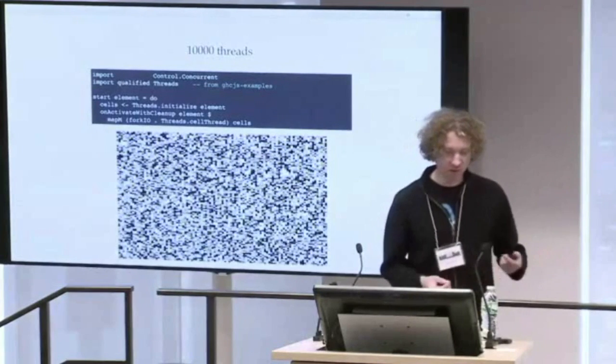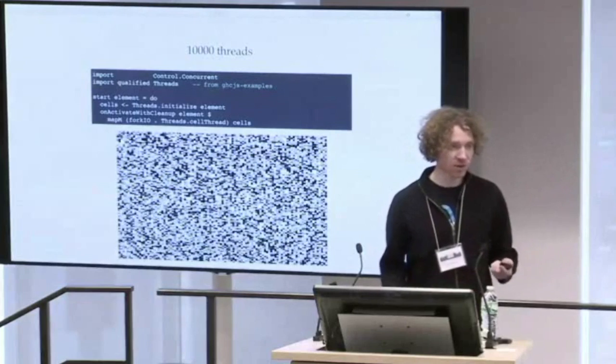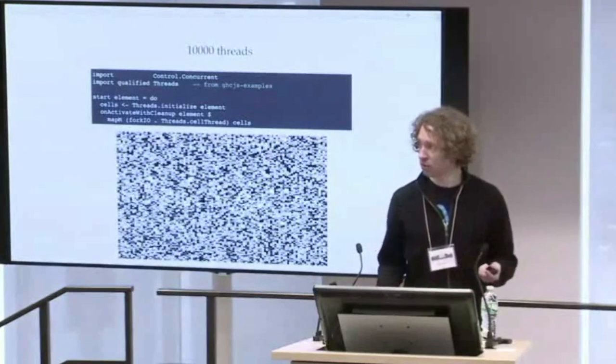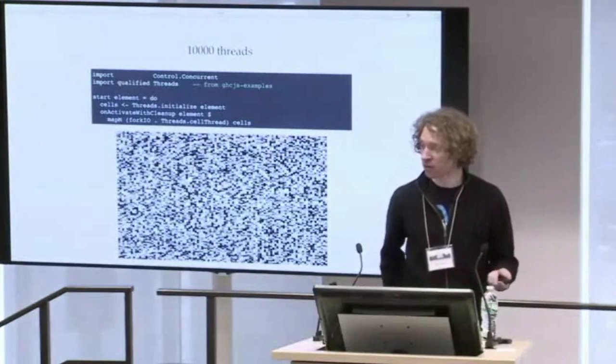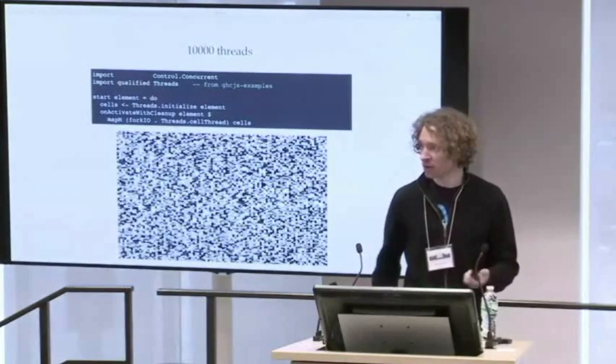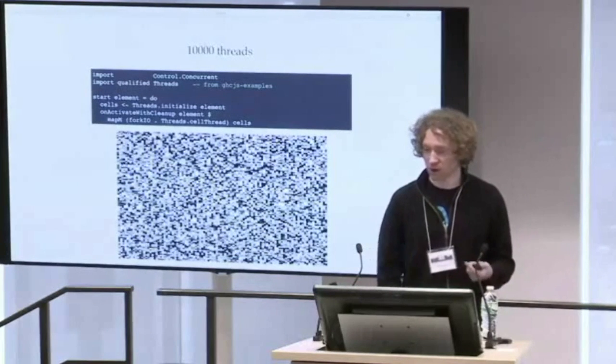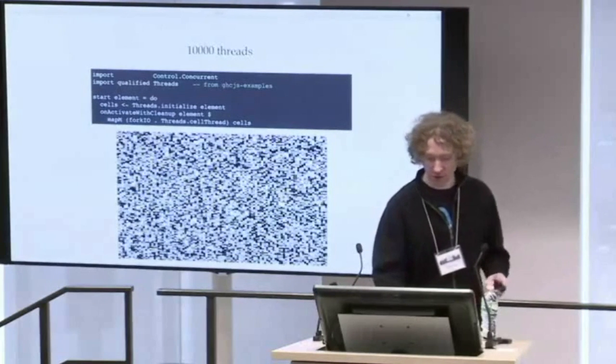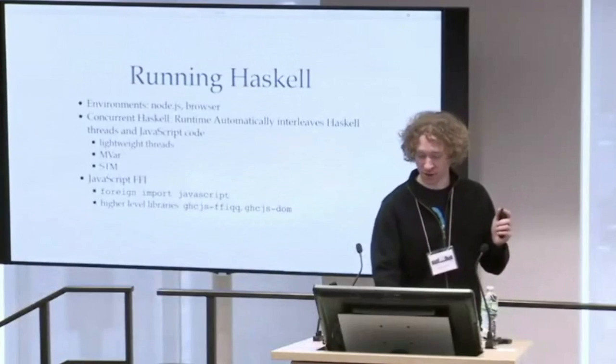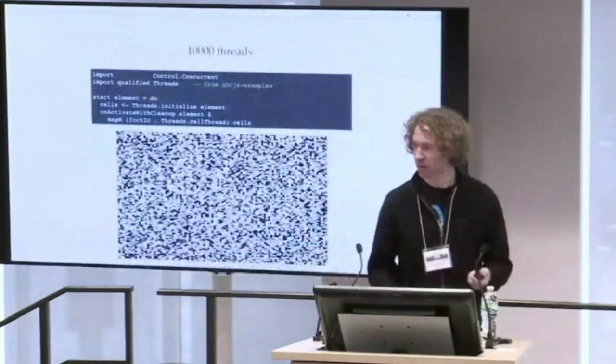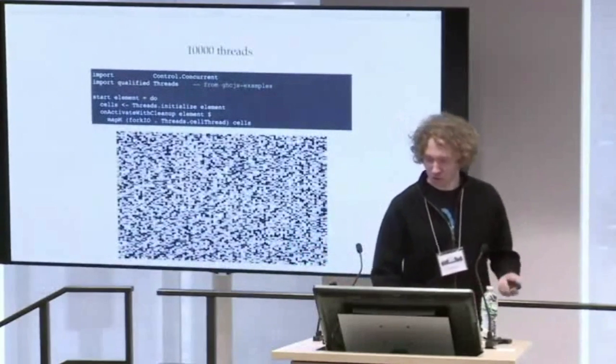So each of these cells has a thread. They sleep for a bit, and 10,000 threads, they're lightweight threads, just like Haskell forkIO threads, and it's really no problem at all for the browser. If I switch away from the slides, it kills all those threads, and now it has just started them again. So there's a tiny delay.